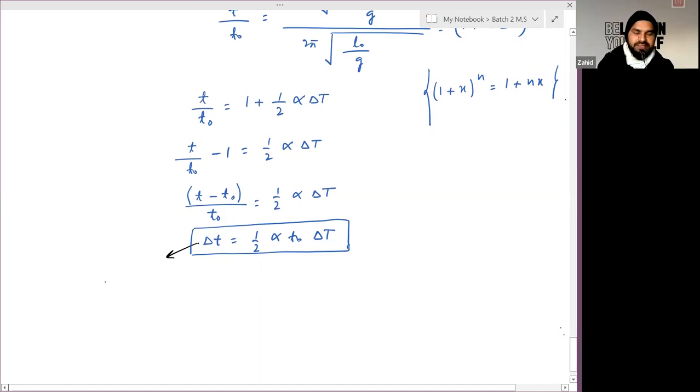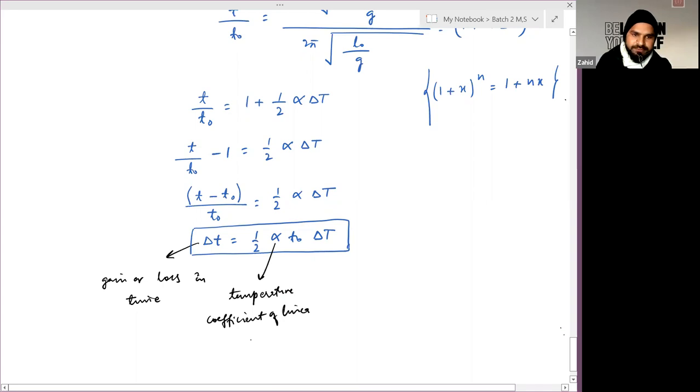So this delta T simply defines you gain or loss in time on changing temperature. Alpha is temperature coefficient of linear expansion.